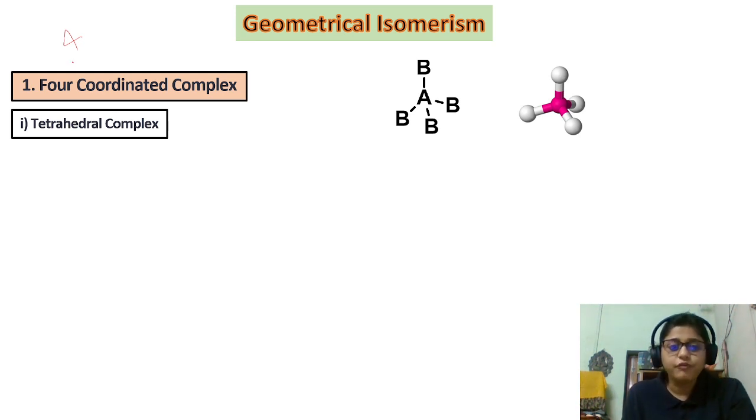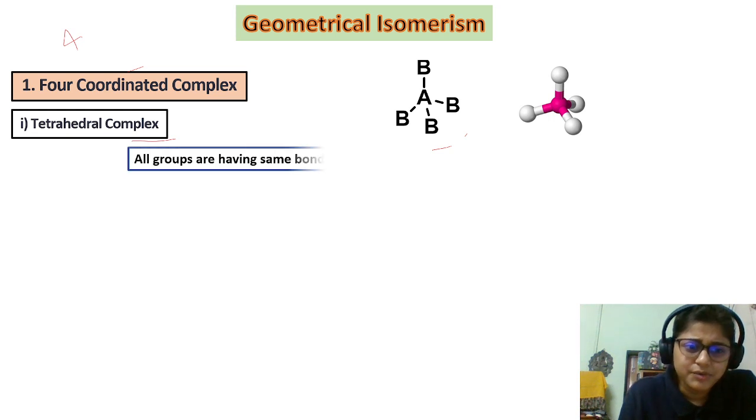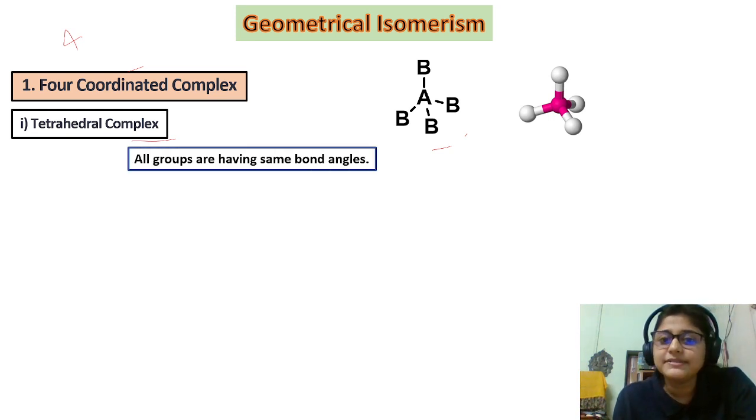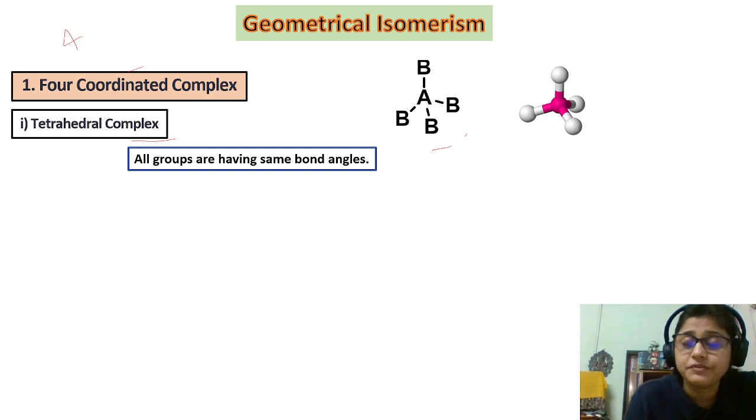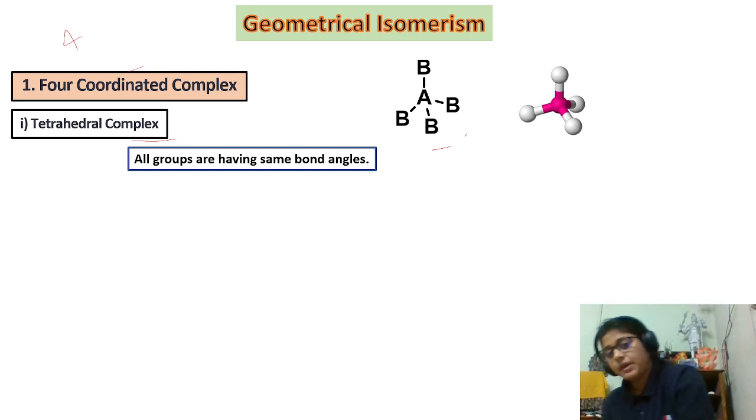Okay. So first, 4-coordinated complex, we are starting with the simple one, right? In the tetrahedral complex, you can see this is a tetrahedral structure. We all know this, right? So all groups are having the same bond angles. So what we are saying when we talk about stereoisomers, only the arrangements of the groups are different, right?